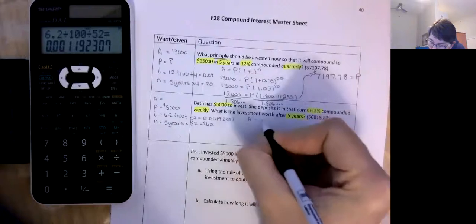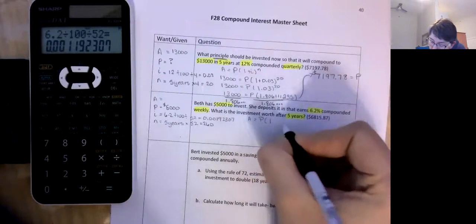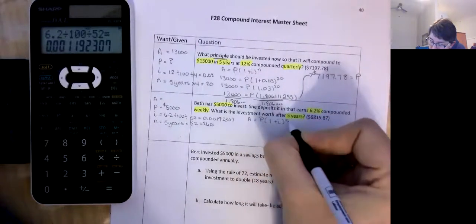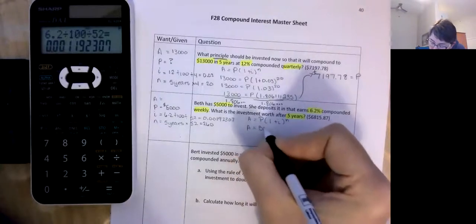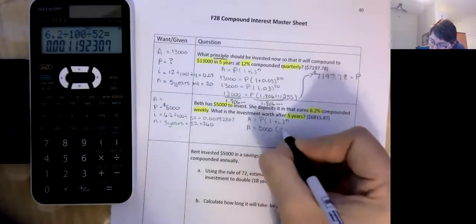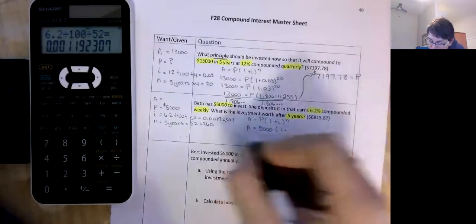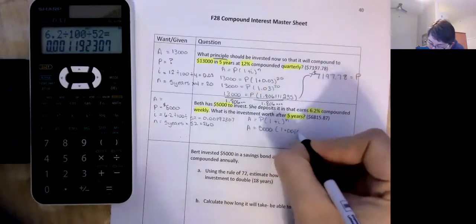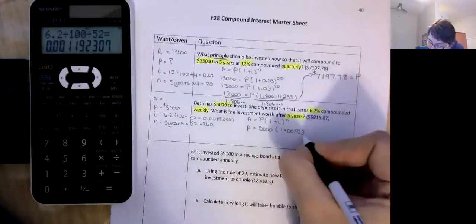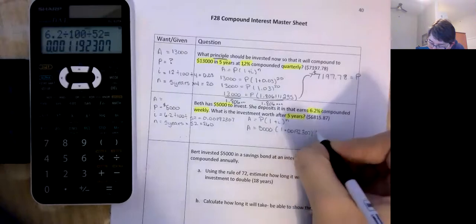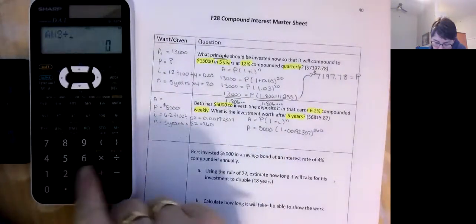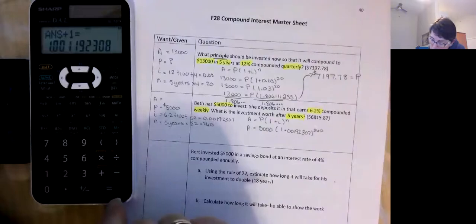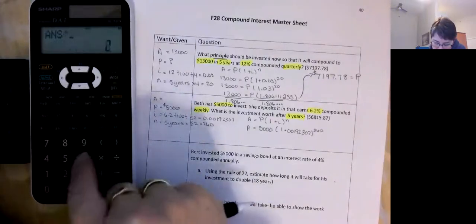So A is equal to P times 1 plus i to the n. A is equal to 5,000, that's my principal, times 1 plus 0.0192307 to the 260. Fill in my calculator, plus 1, and there we go, and then exponent 260.